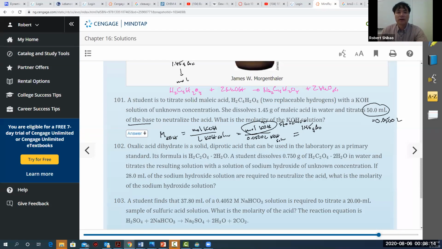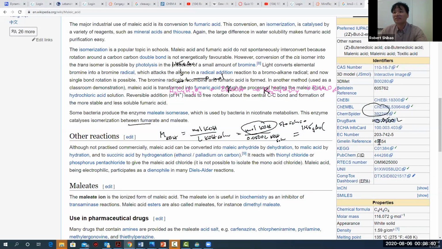Why did I write NaOH? This is KOH. This is potassium malate. And so moles of acid to moles of KOH, and then stop there. So grams of acid to moles of acid. This is 116.07.